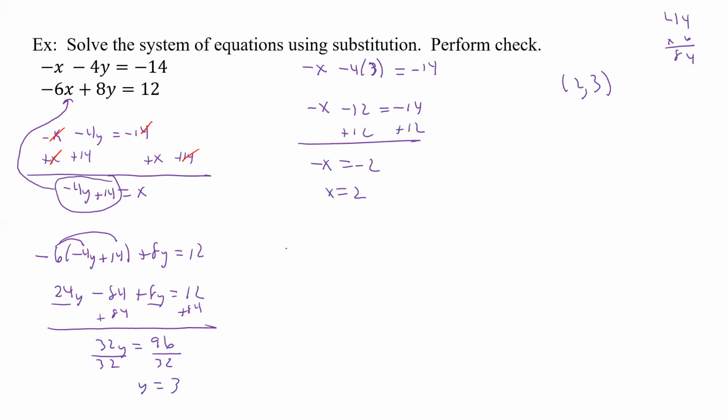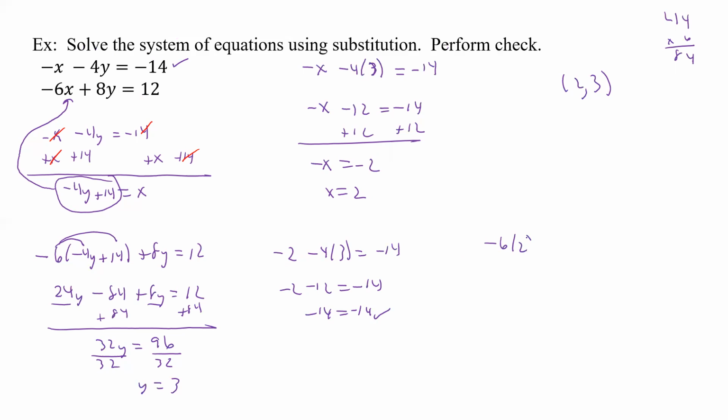So let's plug it in. Minus 2 minus 4 times 3 equals minus 14. That's minus 2 minus 12 equals minus 14. Minus 14 equals minus 14. So it works, and it should, since that's how we ended up with our answer of x equals 2. So the real big check is going to be this one.